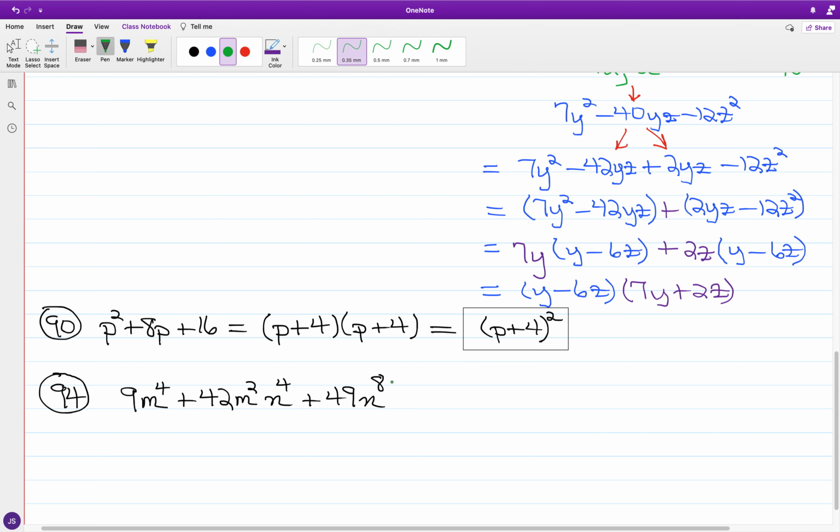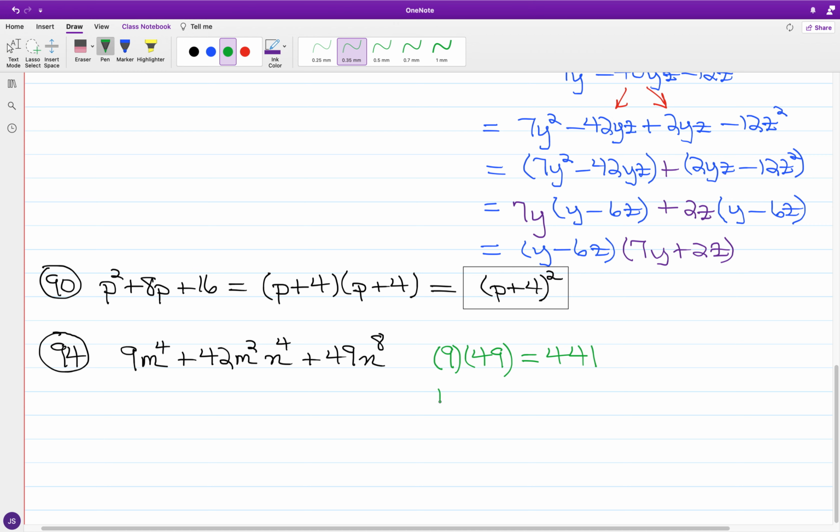So looking at what we have in the trinomial, again, if I multiply the first and the last coefficients, I have 9 times 49, so this will be 441. And I'm looking for the factors of the product that will add up to the middle coefficient, 42.